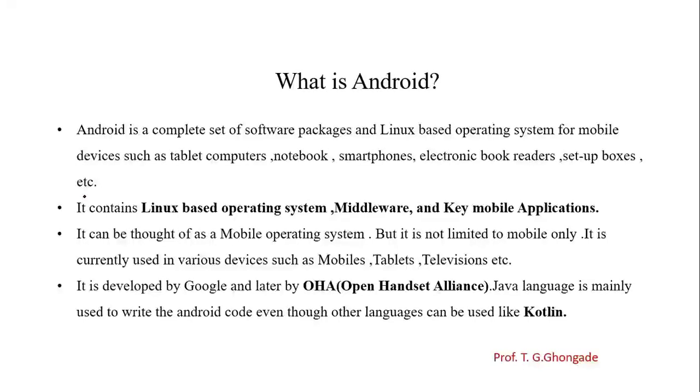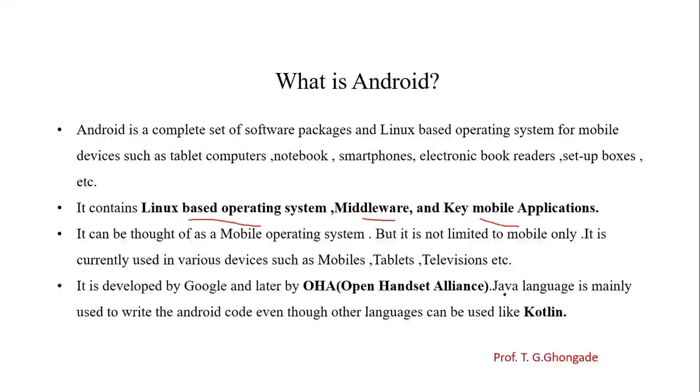Okay, so it is a complete set of software packages. It also contains a Linux based operating system, middleware, and key mobile applications. So it can be thought of as a mobile operating system, but it is not limited to mobile only. As we discussed, it is everywhere, like mobile phones, tablets, televisions, etc. It was basically developed by Google and later by the OHA, that is Open Handset Alliance.